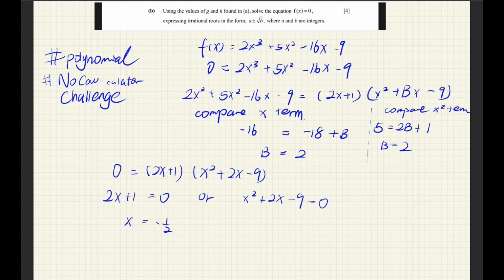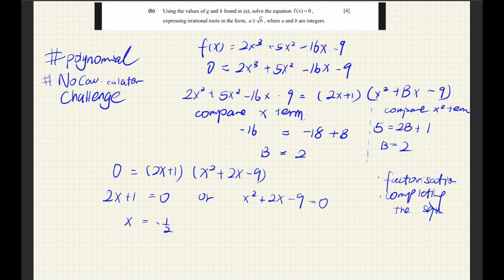The methods we are able to use include factorization and completing the square. I think that's all, because the graphing method is not available here.